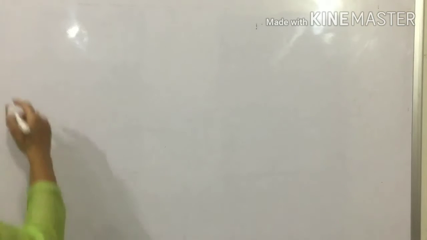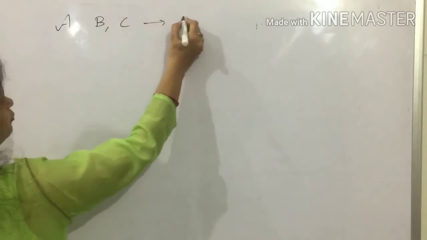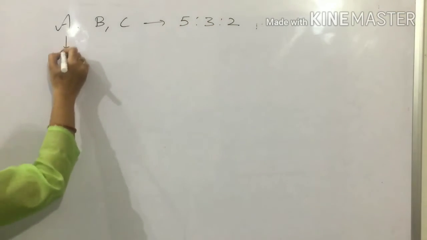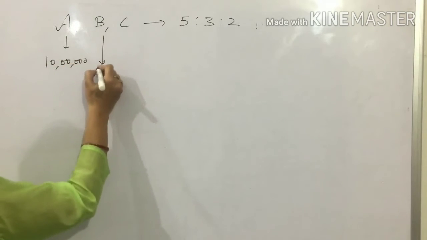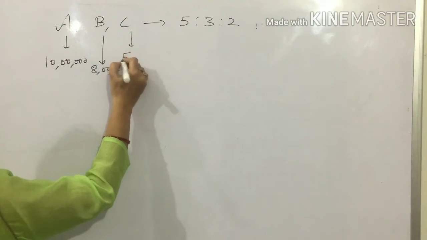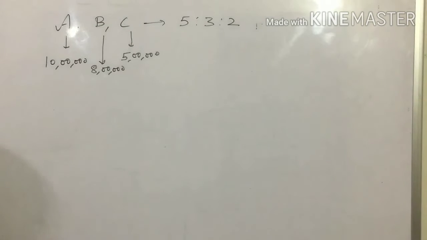Now, suppose three partners again, A, B, C. 5:3:2. Capital of A 10 lakh. Capital of B 8 lakh. And capital of C 5 lakh. And drawings are given.